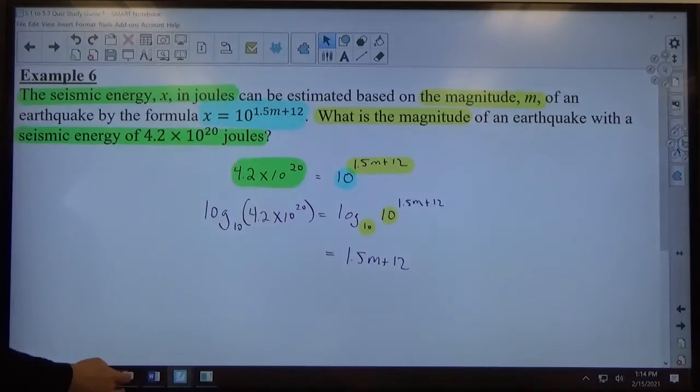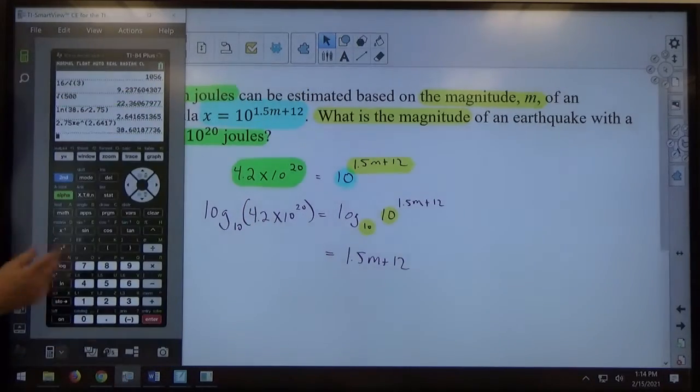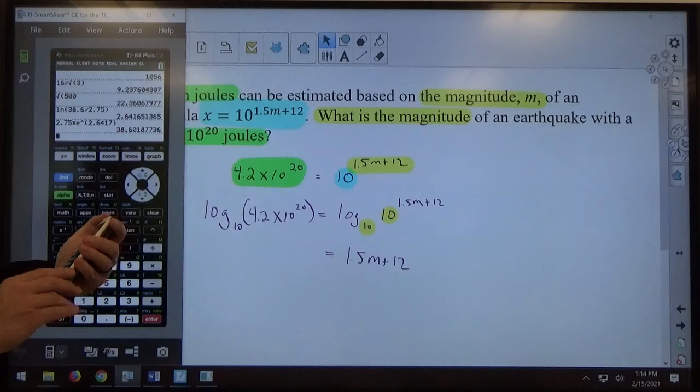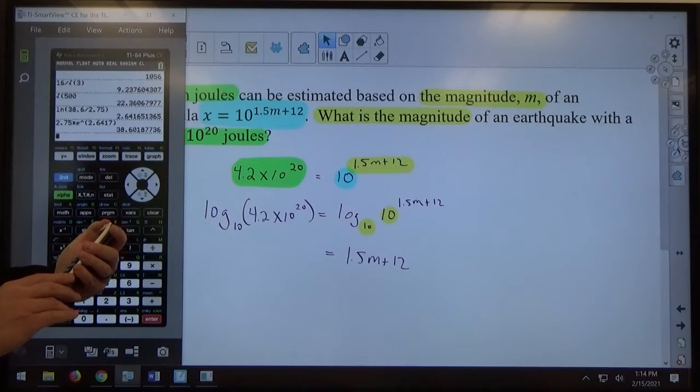So I grab my calculator, and I'm going to type in this number. Different calculators have different ways of entering scientific notation. Most of them have an EE button, right above the comma there. These handheld calculators may have an EXP button.